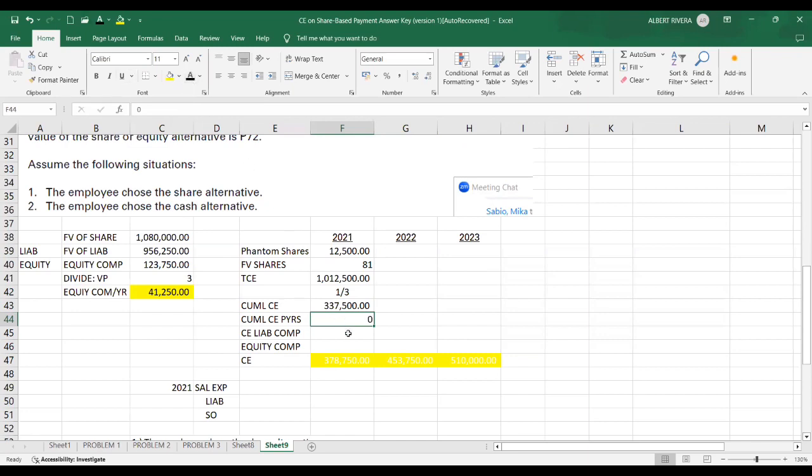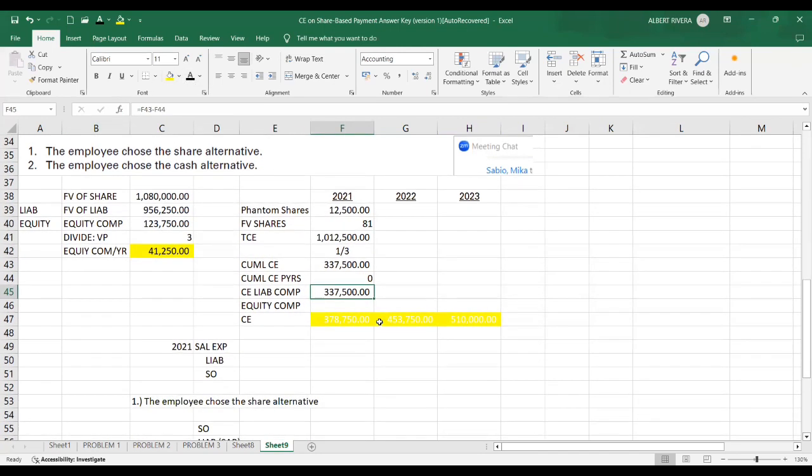So this is now the liability component, compensation expense related to the liability, 337,500, and we have the equity component here of 41,250.